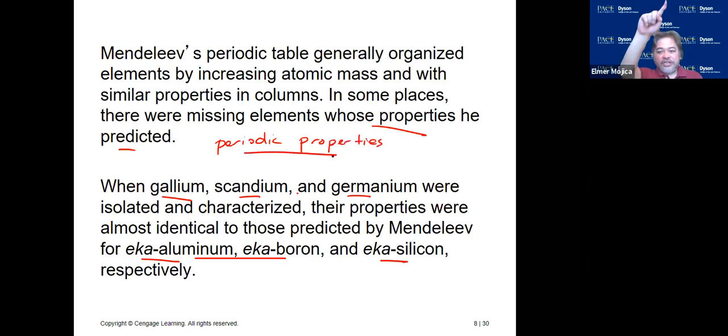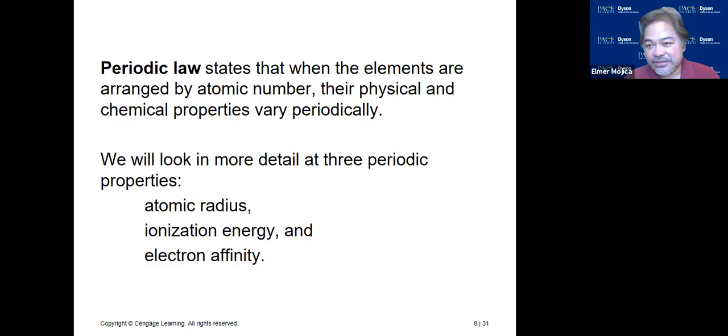Okay, so if you look at the periodic table, and then you move back there, the properties that you have there are similar to the ones in the group. So that is the periodic properties. That's what the periodic table is based on. And they call it the periodic law.